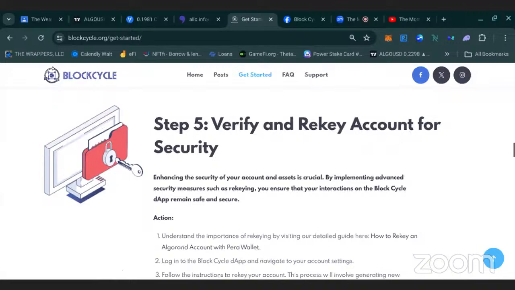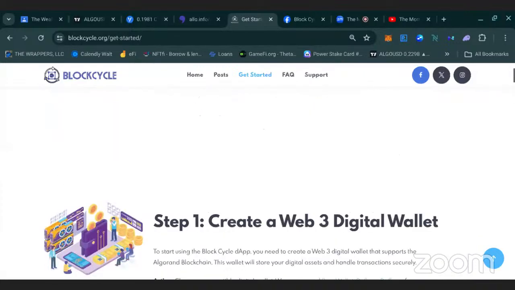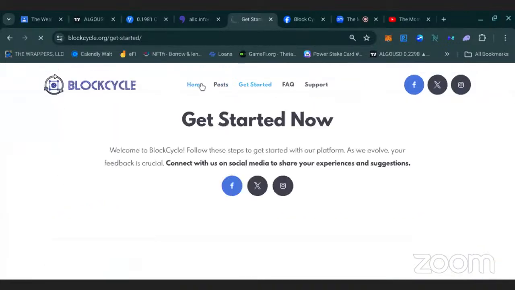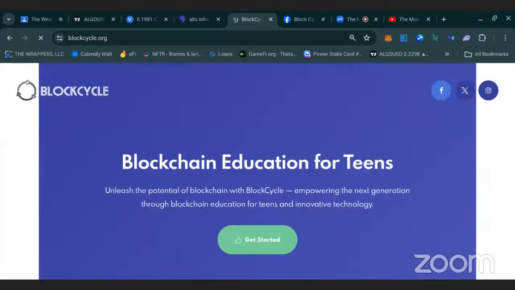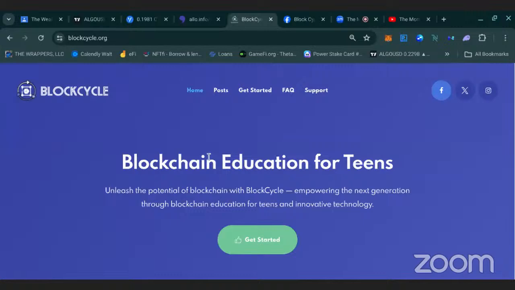Simply put, the main purpose for Block Cycle is to educate and innovate people on Web3 and DeFi. For individuals, we want to make sure that they're educated, they know how the technology works and what they can do with it. On the innovate side, Block Cycle Labs will be helping businesses integrate this technology.